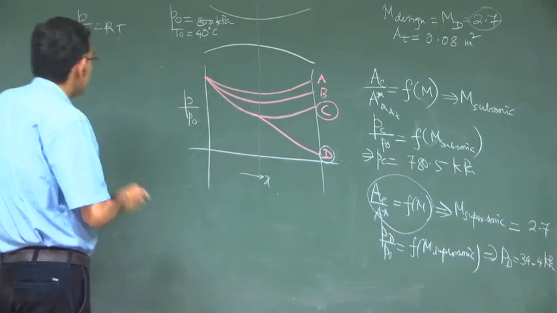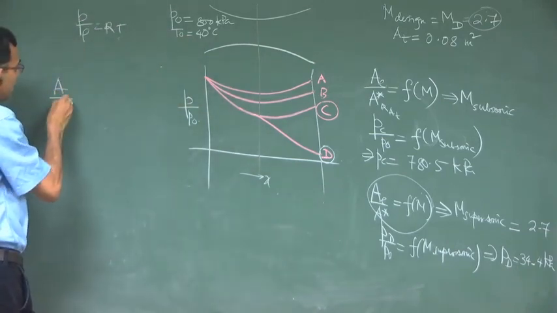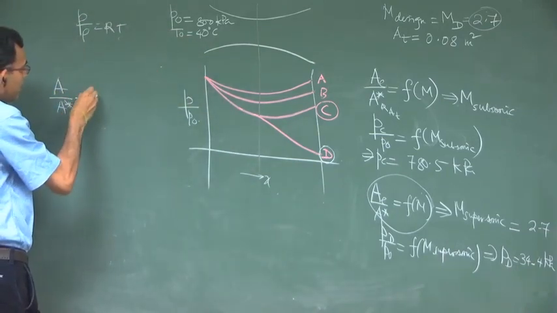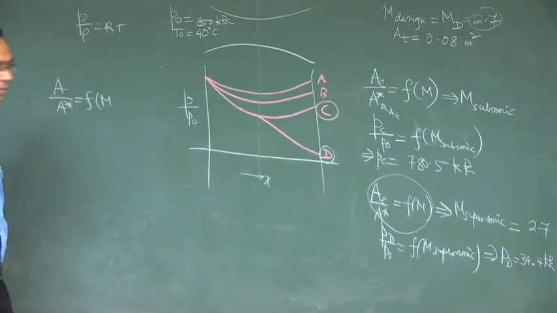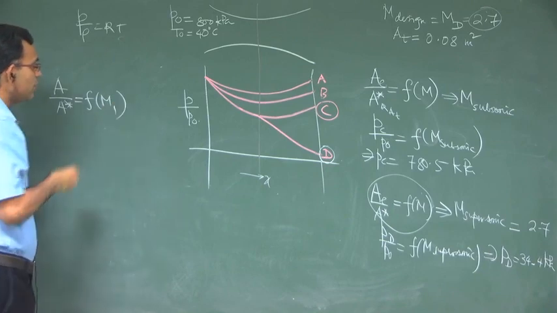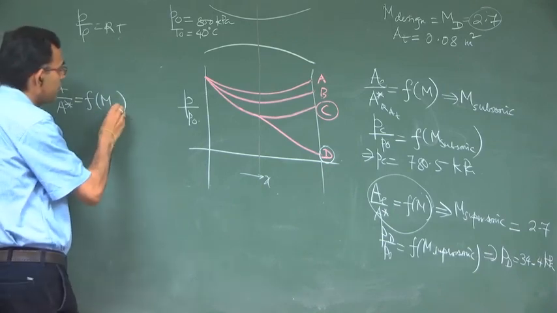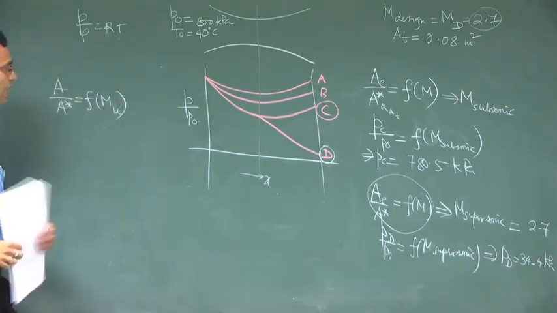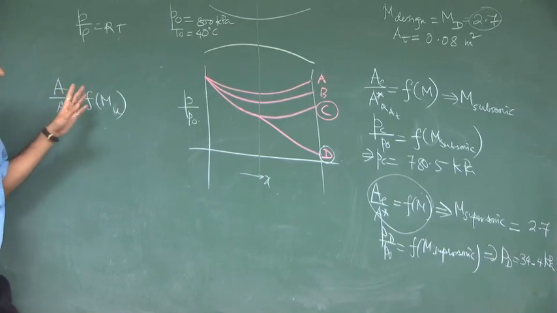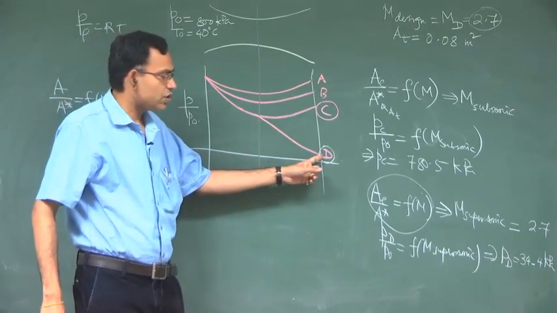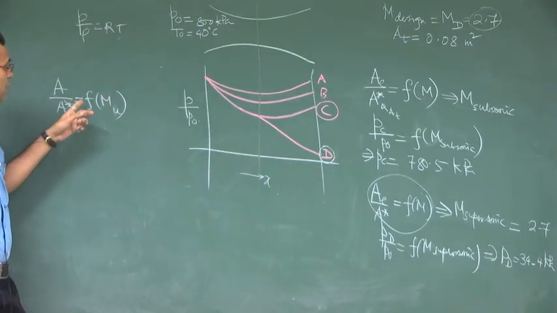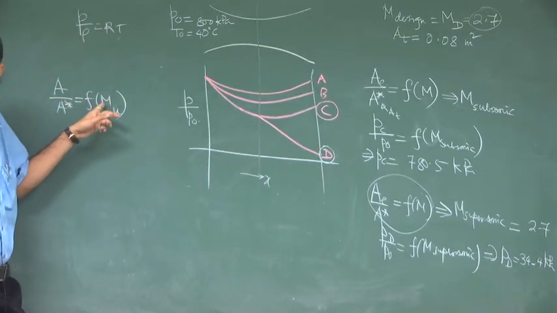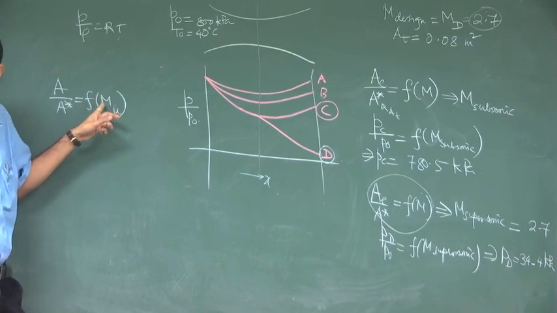So, if you write A by A star as a function of Mach number, so Mach number upstream of the shock, say u, it is clear that at the exit plane, if the shock is there, just before the shock, you will have this relationship hold true, because it is isentropic till just before the shock.